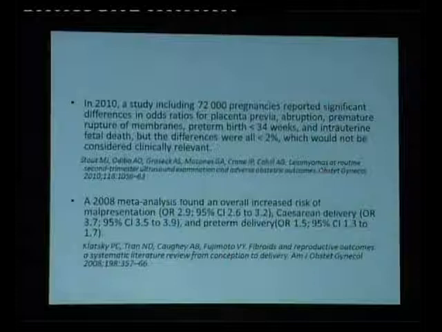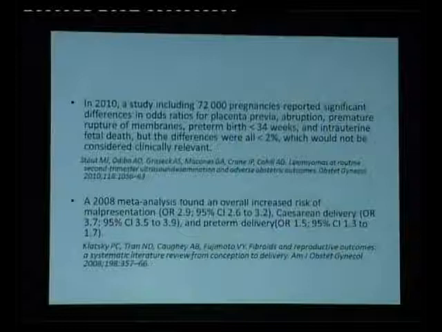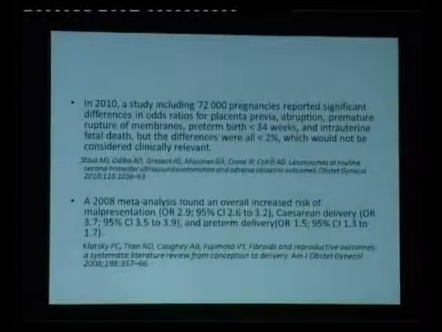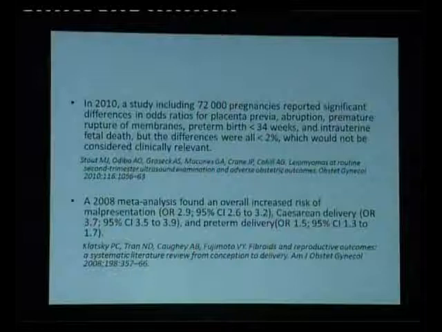But when we put all these together, the difference between normal and with fibroid is not more than 2%, which normally is not considered very clinically relevant. Also, this meta-analysis in 2008 says that with fibroids there is an overall increased risk of malpresentations, cesarean section delivery, and also preterm labor. So these are the ways it could actually affect.